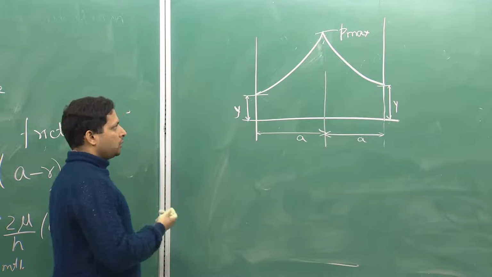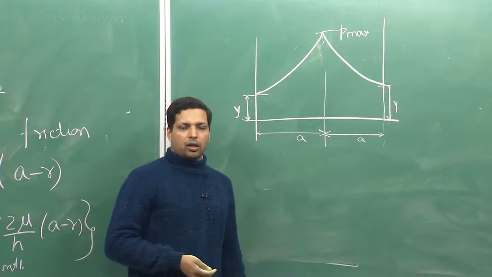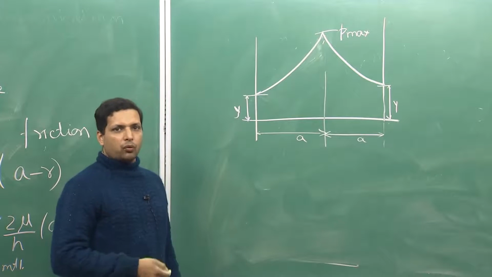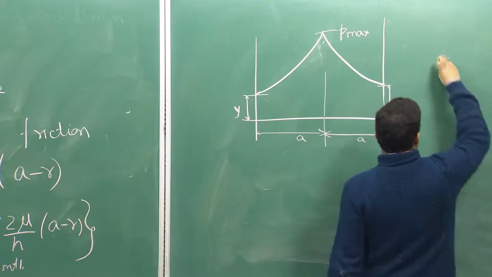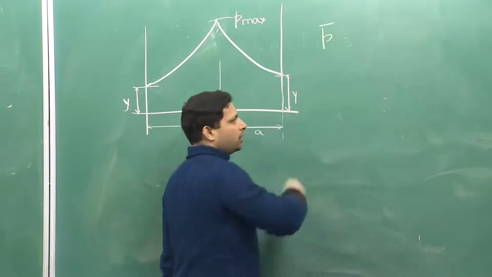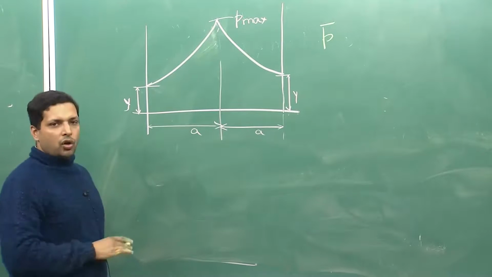However, we are not happy with just how the pressure distribution looks like, particularly when you are doing some deformation. What you are more interested in is what is the average pressure that is acting. Okay, let's accept that it is not constant, it is not uniform.